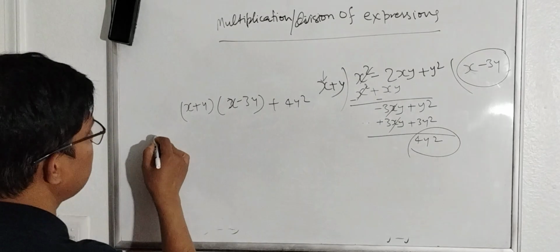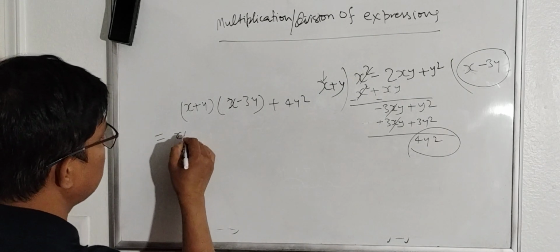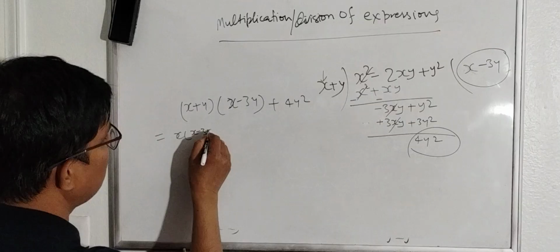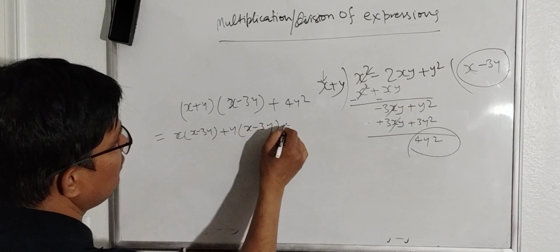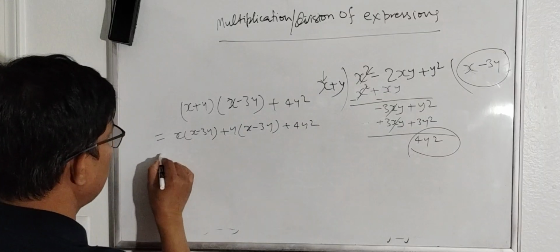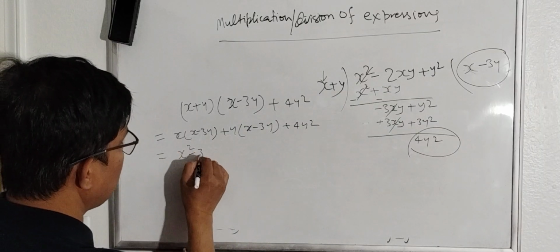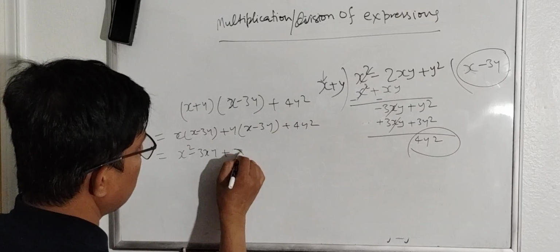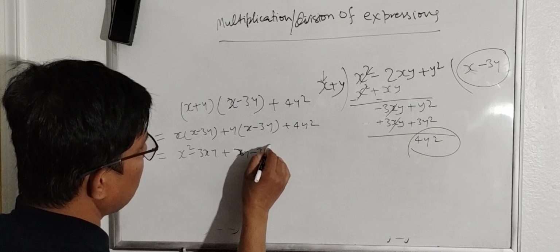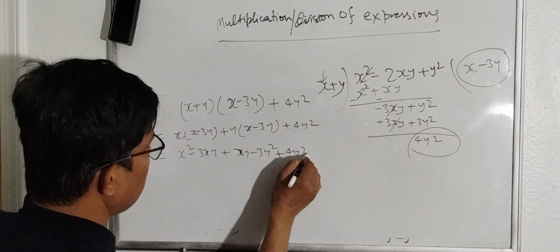Okay, let's solve this one. So x plus y times x minus 3y, plus 4y square. Okay, so this will be x square minus 3xy plus yx or xy, minus 3y square plus 4y square.